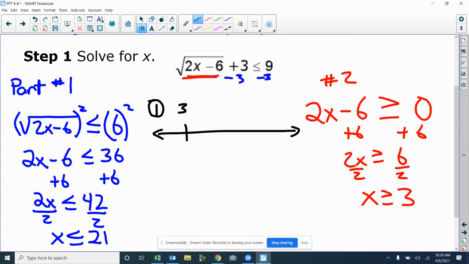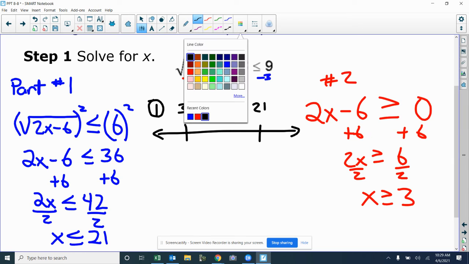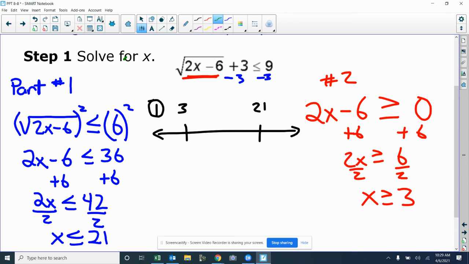We'll put 3 here, put 21 out here. I'll change the color here so we can have an idea of what's going on. Here, x has to be what? Less than or equal, coming this way. Here, x has to be greater than or equal, coming this way.